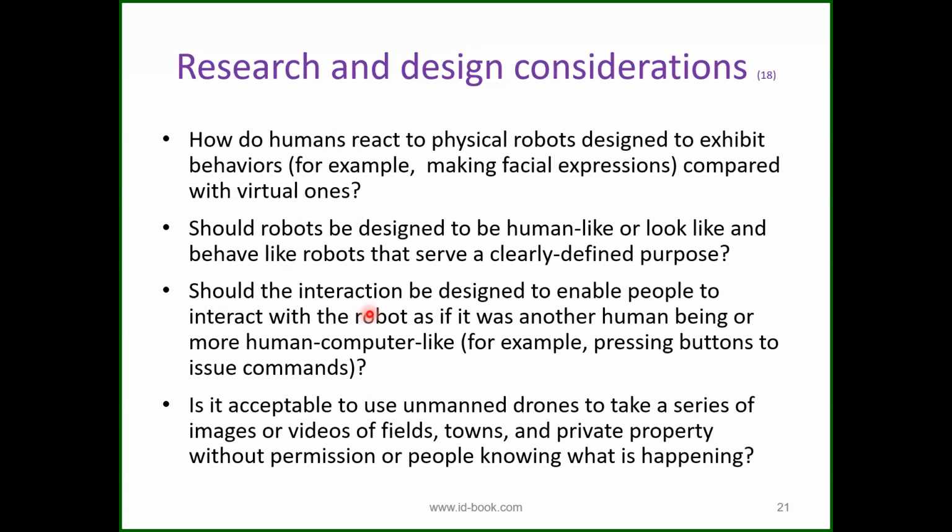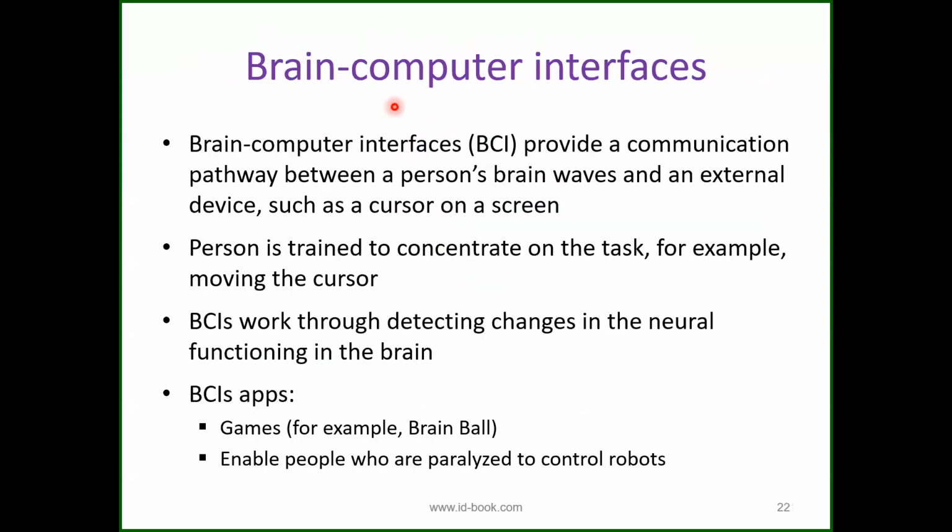Should interaction be designed to enable people to interact with the robot as if with another human being, or more like a computer, for example pressing buttons or issuing commands, or just communicating by talking? Is it acceptable to use unmanned drones to take a series of images or videos of fields, towns and private property without permission or people knowing what is happening? So these are the design and research considerations HCI professionals should take into account while creating those interfaces.